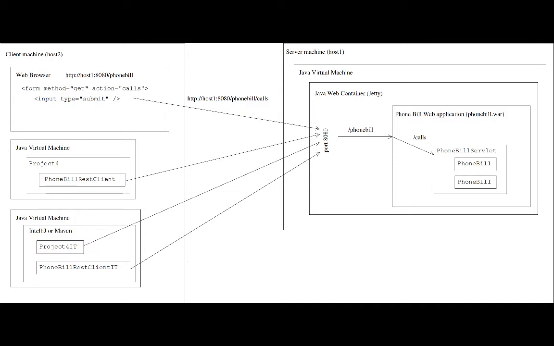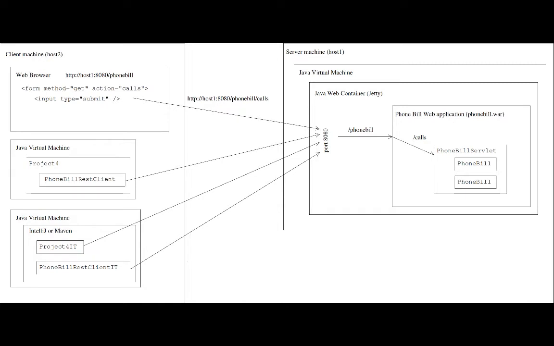But for Project 4, the integration tests are more like what you traditionally think of integration tests as being. They start up the Jetty container and interact with it via HTTP requests.